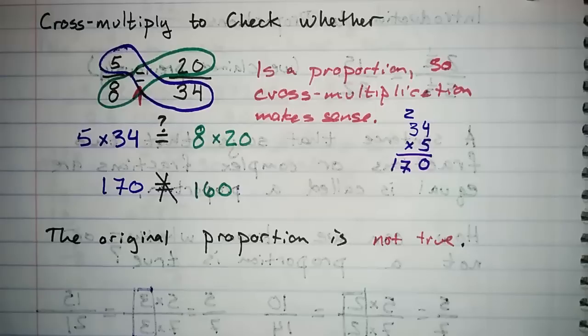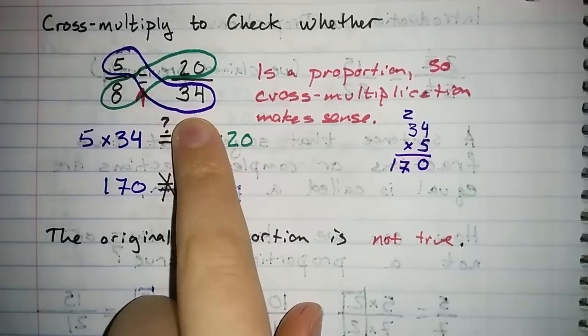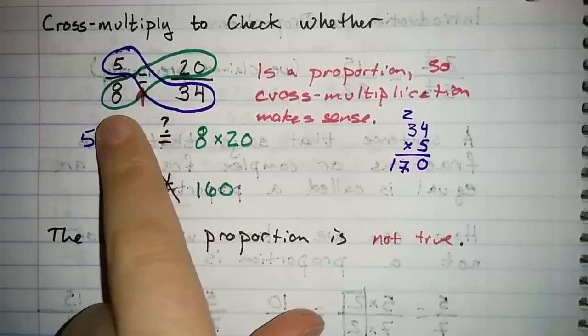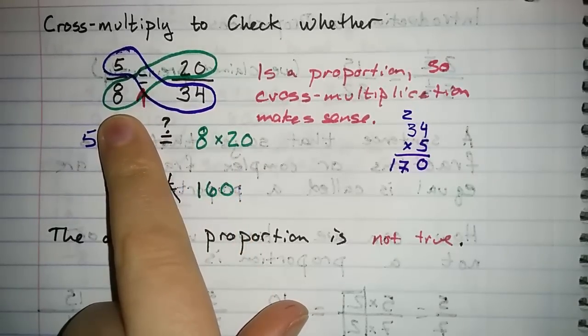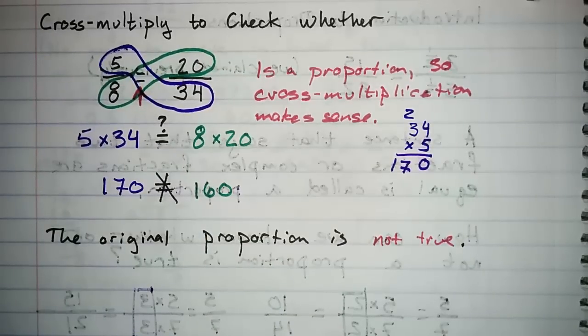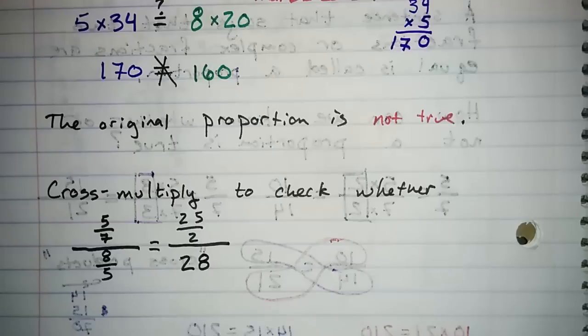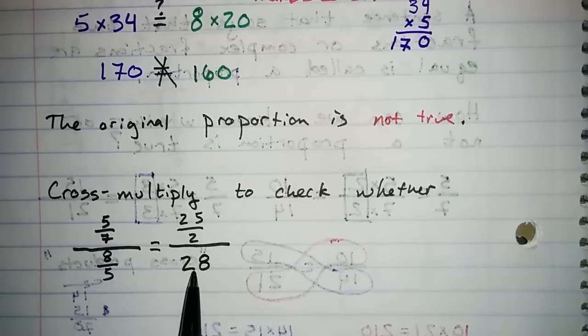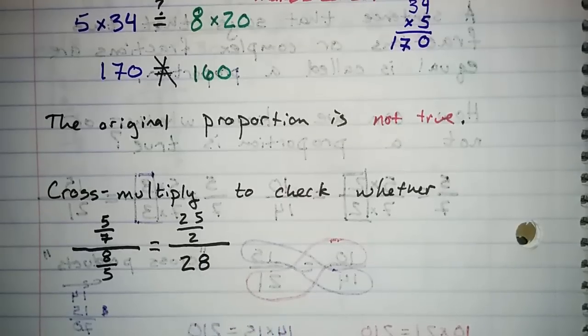Now, when are we going to use this, really? Because this fraction looks pretty easy to simplify, and I think it's pretty obvious that it's not going to simplify to 5/8. The time when we're going to use this is when we have at least one complex fraction in play. So we might want to use cross multiplication to check whether 5/7 over 8/5 is equal to 25/2 over 28.